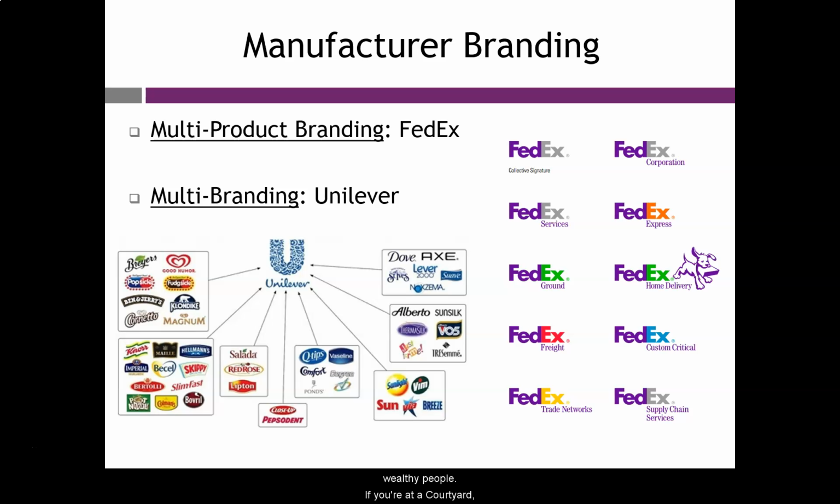If you're at Courtyard or Fairfield or Spring Hill Suites, more economy-minded. They also have a Renaissance. They have Westin. They have Sheraton for people in the middle. So they're able to segment their brands into certain target markets. That's the main reason to use multi-branding as a strategy.